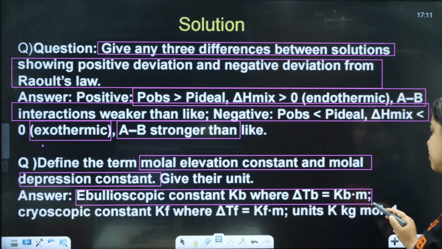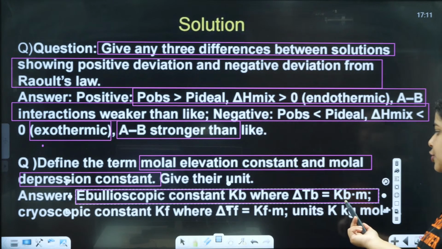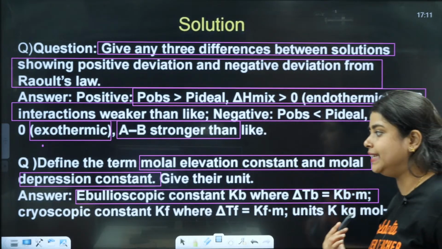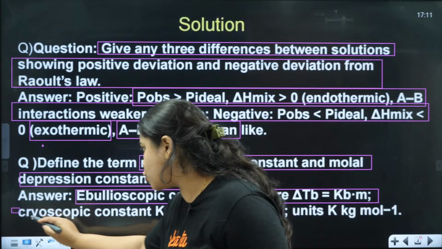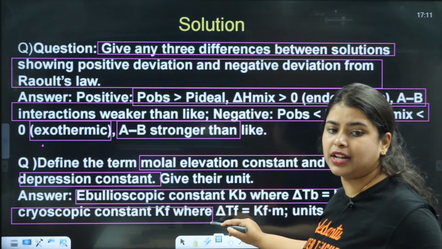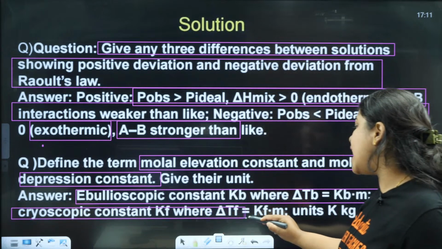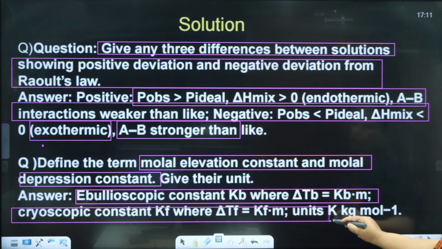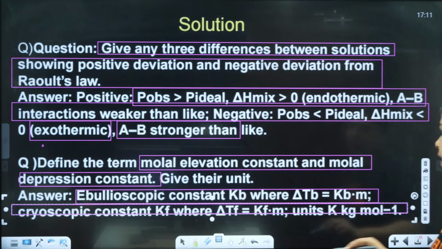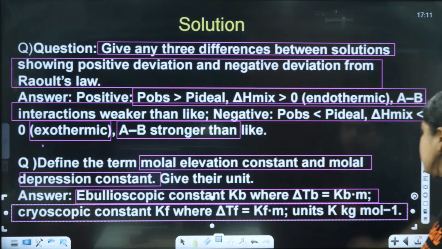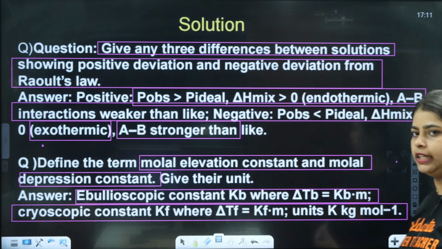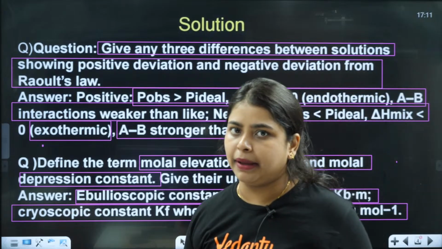Delta Tb is equal to Kb into m. And the cryoscopic constant is considered as Kf, where delta Tf is equal to Kf into m. Clear? So what will be the unit? Kelvin kg per mole will be its unit.